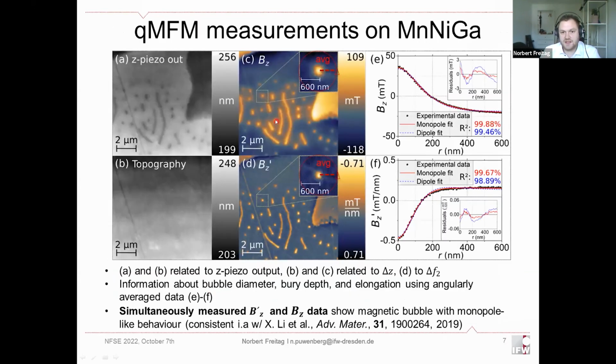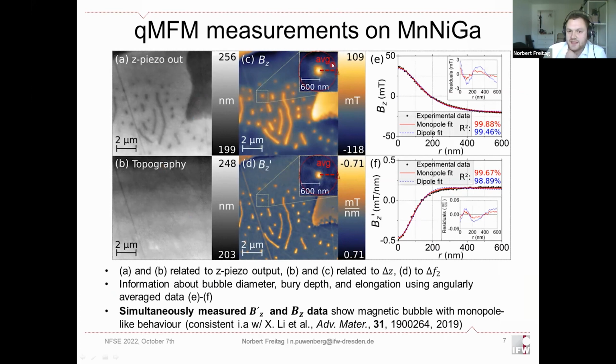So here we see some data. This is the nickel gallium crystal, which has 001 easy axis anisotropy, and the easy axis is pointing in your direction. And here we see some bubbles, and this is the magnetic channel. This is all recorded in one go. So in 100 minutes, we got this image with the different channels, and this is the perpendicular magnetic stray field, and this is the perpendicular field derivative.